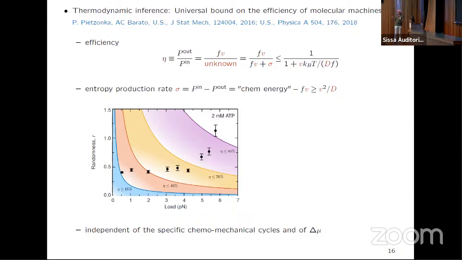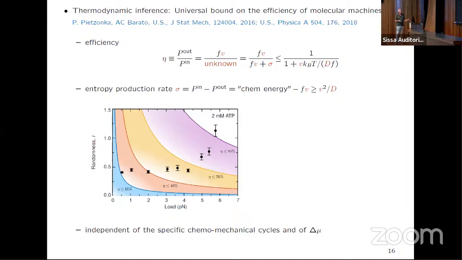And this is a model-free statement. I'm not saying that the motor is 45% efficient. I'm saying it is not more efficient than 45. It could be less, 10, 5, 1.5. But it's the first time that you can make these kinds of statements without assuming an underlying model.